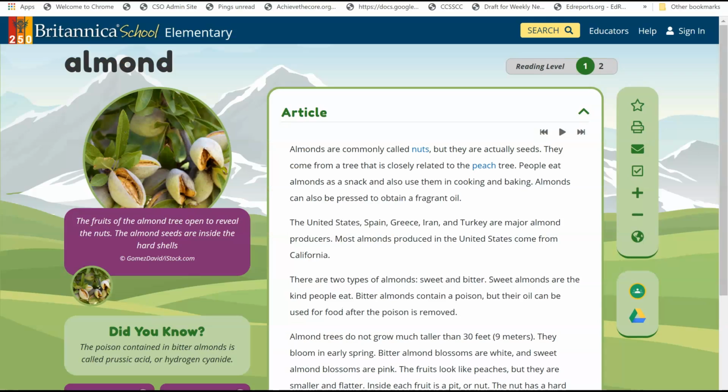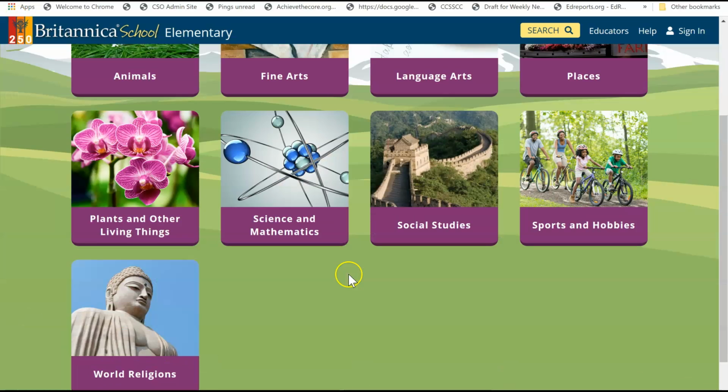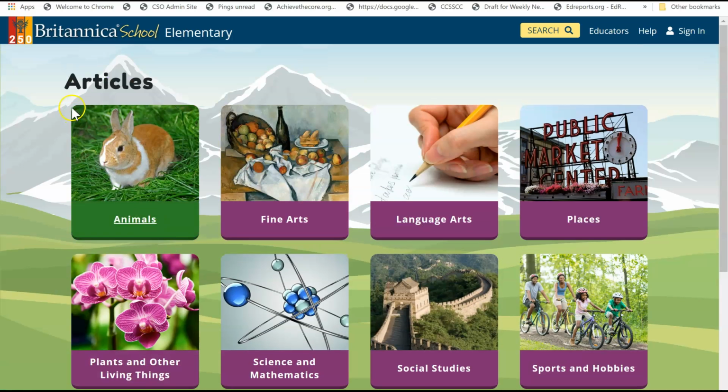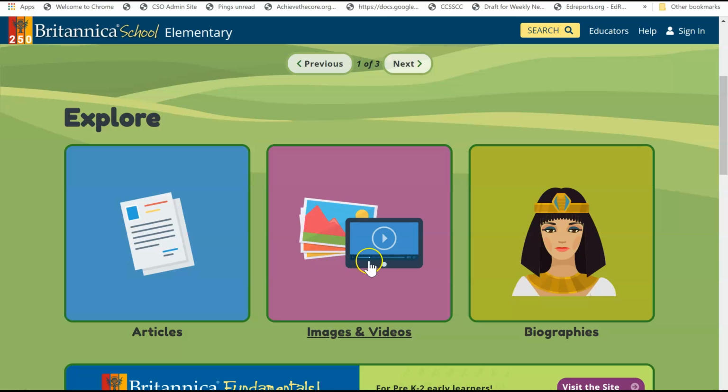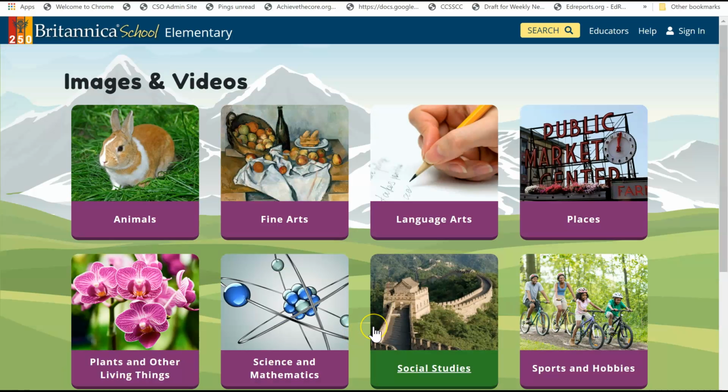If we go back, you can see there's many different categories that you can push the articles out through. Images is going to be the exact same thing, but it's going to be with videos or just pictures. So, say you're doing a Jamboard, so students could, like with one center, be watching, learning, reading something.